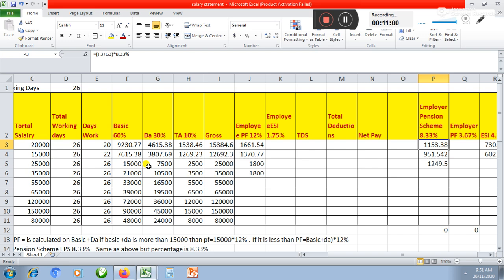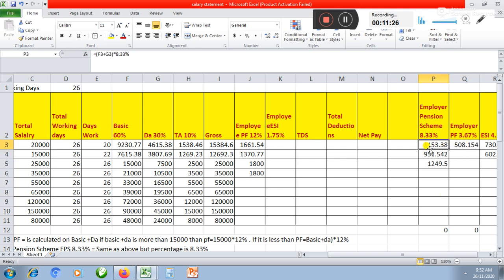Now 3.67, I told you, if I add this and this, it is 12%. This is also 12% and the company is also 12%. But the company's share is divided into two. Now if I want to calculate the 3.67, the shortcut we use is to directly deduct, this 12% minus 8.33. Automatically you will get that 3.67. We are not calculating it separately.